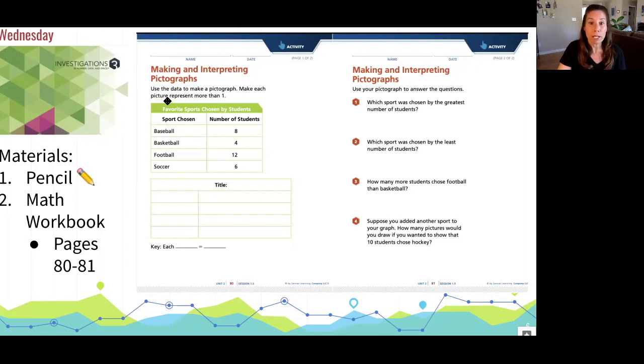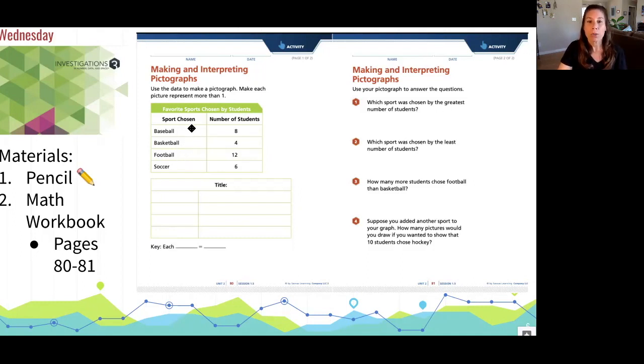Make each picture represent more than one. So that means your key down here needs to represent more than one. You can do 2s, you can do 5s, you could do 10s, although 10s might be a little high for favorite sports chosen by students. So think about that. You could do 2s, 3s, 5s would probably work best.